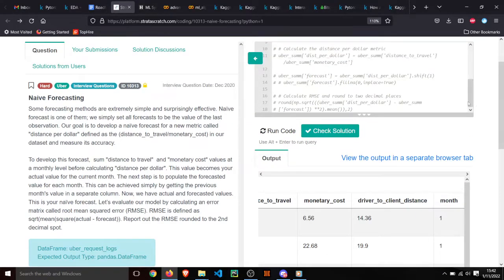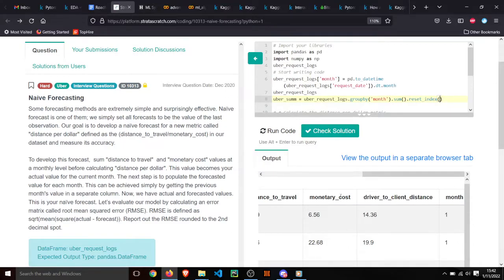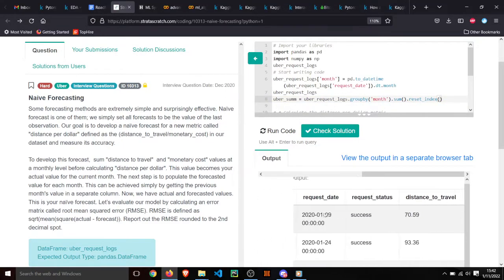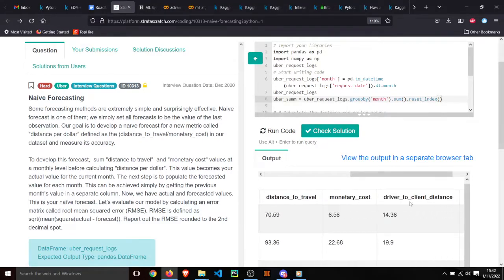Now we need to group by the month. So how to do that? We basically group by the month and then sum, because we need to sum the values, right? After grouping by, we need to sum the distance to travel and monetary cost. So this is our aggregation.